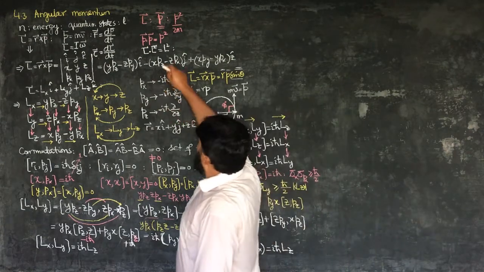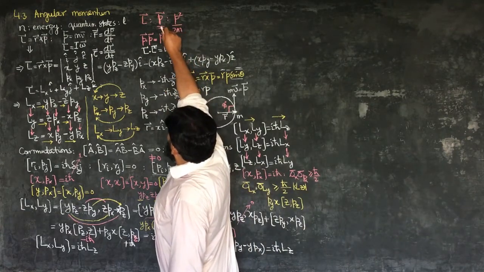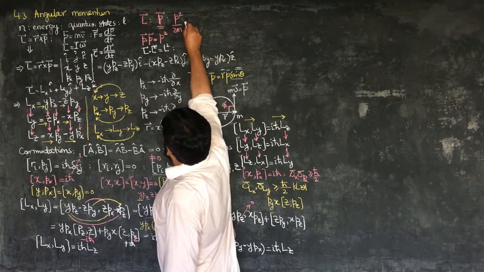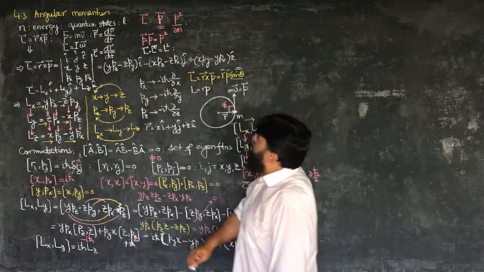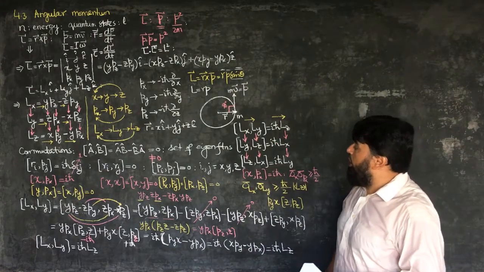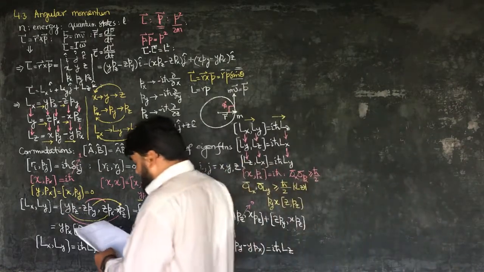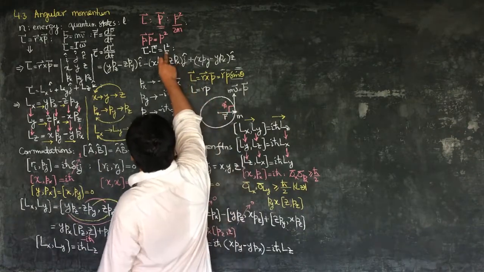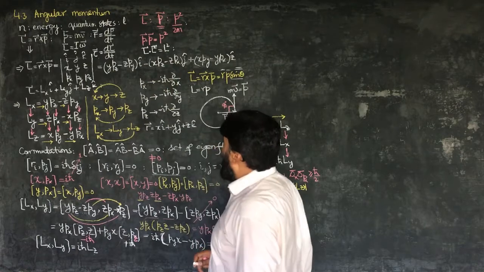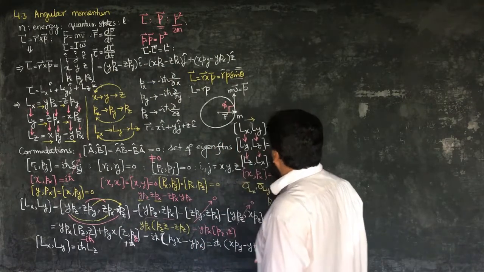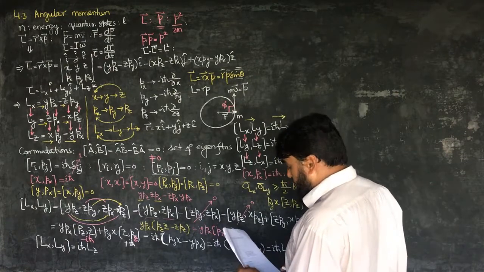The reason is that momentum fails due to its vectorial nature, so we have to go to its scalar form, and it comes out to be the energy of a body. So we will have to go to L square as well, the magnitude of angular momentum squared, and we will have to check what the commutation relations are.